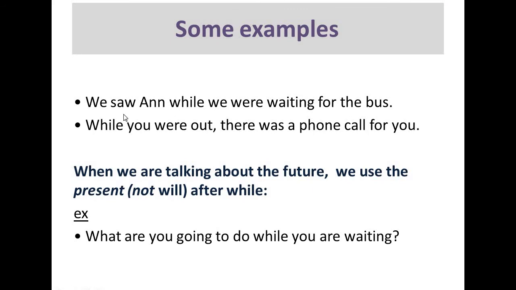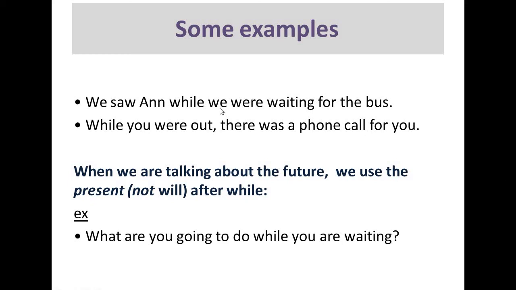Here, we saw Anne while we were waiting for the bus. So here there are two actions. First, we saw Anne. We saw Anne while we were waiting. So in the time when we were waiting for the bus, we saw Anne.